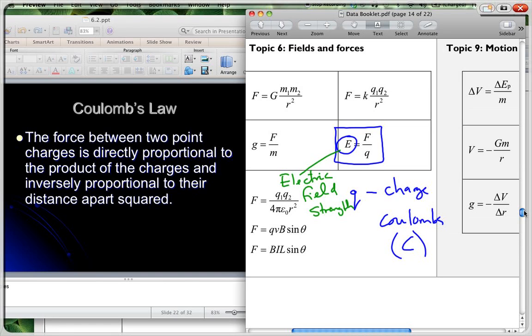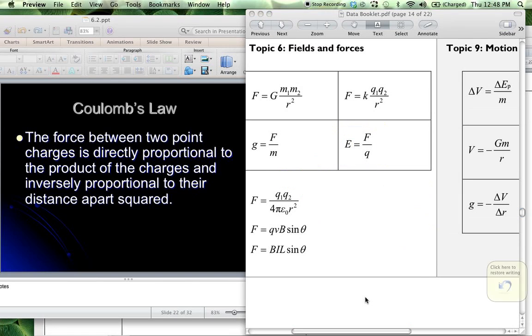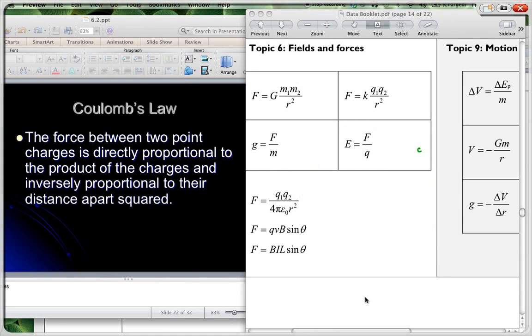So again, if I have one charge over here, call it Q1, and another charge over here, Q2, there will be a force between them, a certain distance between them. These are point charges, let's say that distance is R. There will be a force acting on Q2, depending on the signs of the charges.